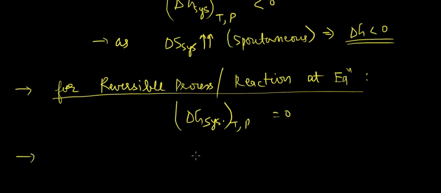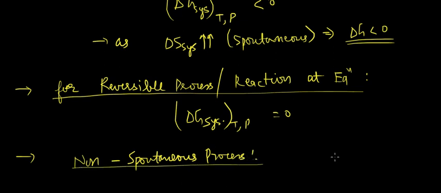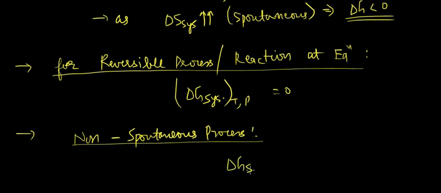Okay, and for a non-spontaneous process, we can write that delta G of system at a temperature and pressure would be greater than 0.